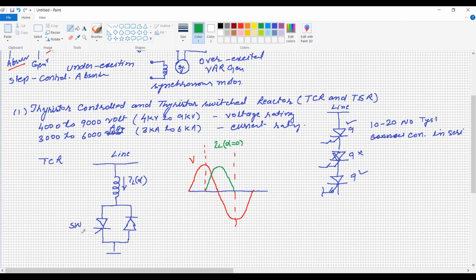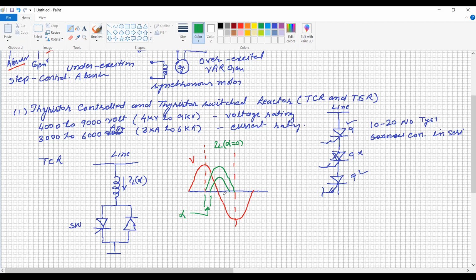But if there is some delay, then the current in the thyristor, or the absorption, is represented as this. This is the delay angle, which we already learned in power electronics. This is the delay angle alpha.